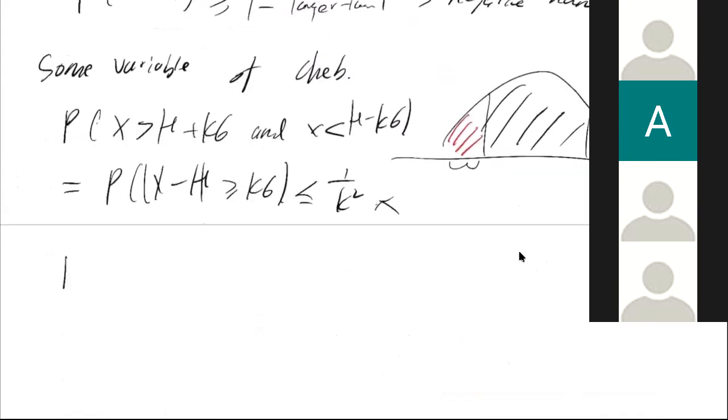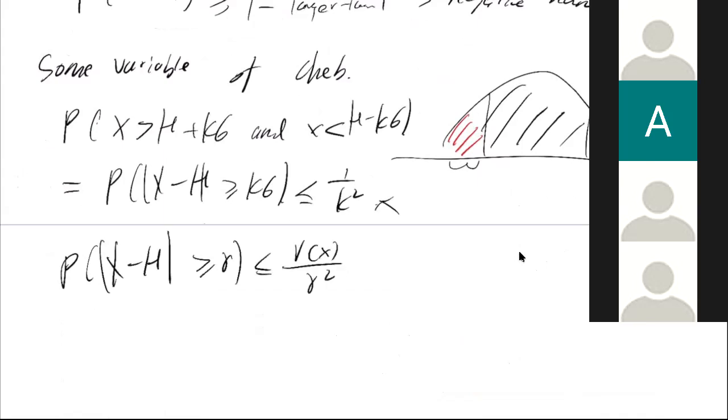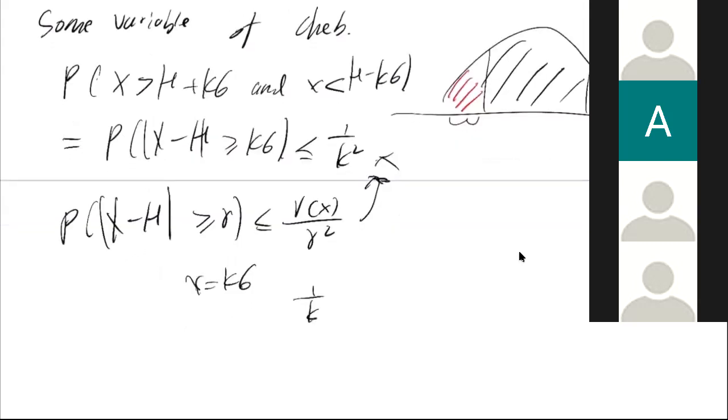Another variation is the probability of absolute value of x minus mu greater than r is less than the variance of x divided by r squared. We get that directly from this equation here. We define r to be k sigma, so k is r divided by sigma.